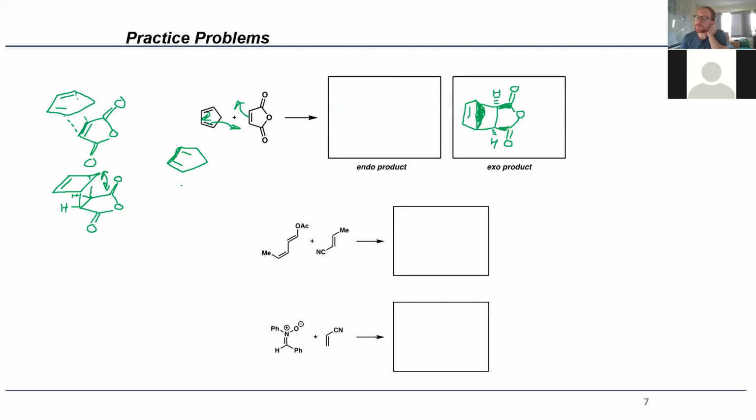And so that would give products that come from this transition state, where we still are forming these bonds. And so that gives a product that looks like this.